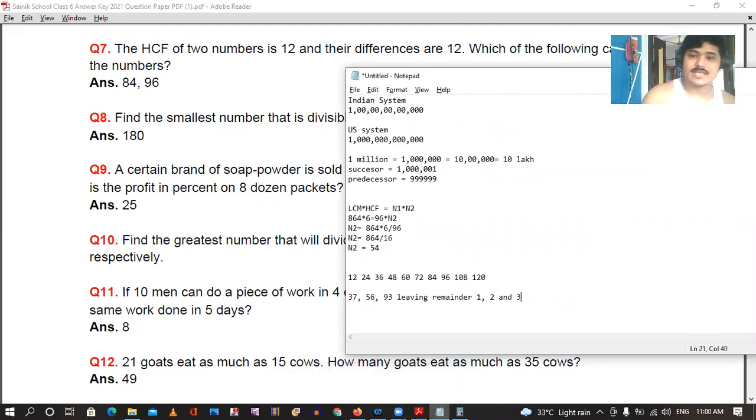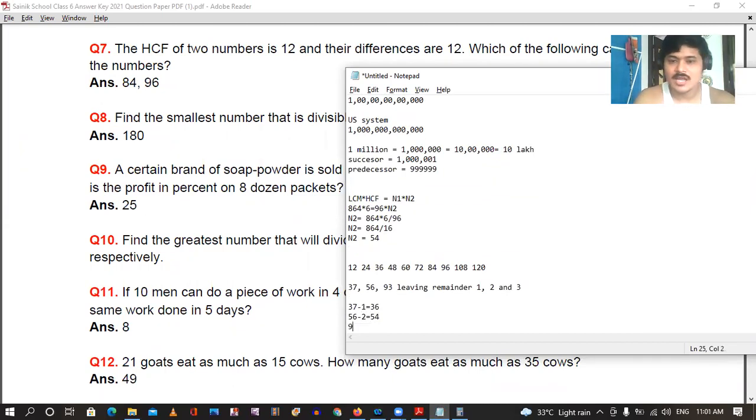So when I'm dividing the number 37 and leaving remainder 1, that means if I subtract the remainder 1 from 37, which is 36, that means 36 should be completely divisible. Similarly, for 56, remainder is 2, so 54 is the number which is completely divisible, and 93 minus remainder 3 means 90 is fully divisible.